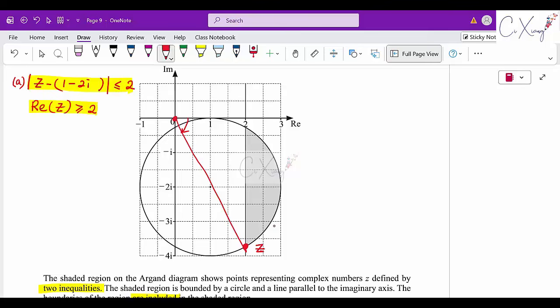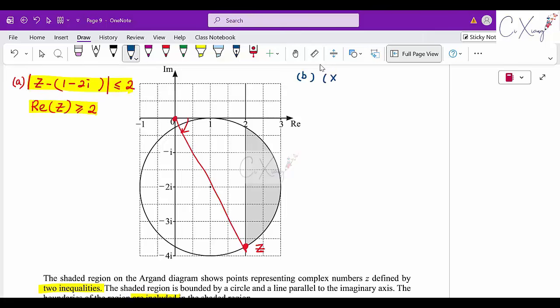I realize that I have one circle and also a vertical line. So it's not too hard for me to find the coordinate of this particular z, because z is the intersection point of the vertical line and the circle. So let's have a look at the equation of the circle first. If I want to put it in the general form of the circle, what do we have here?